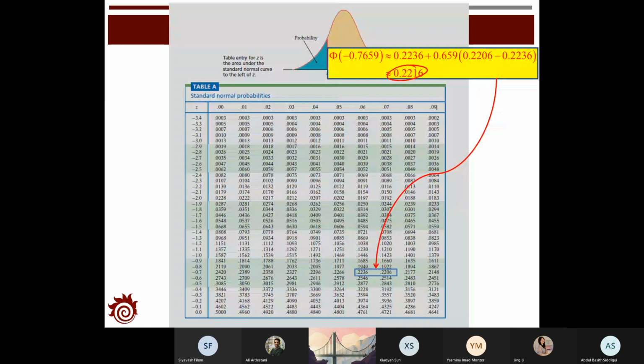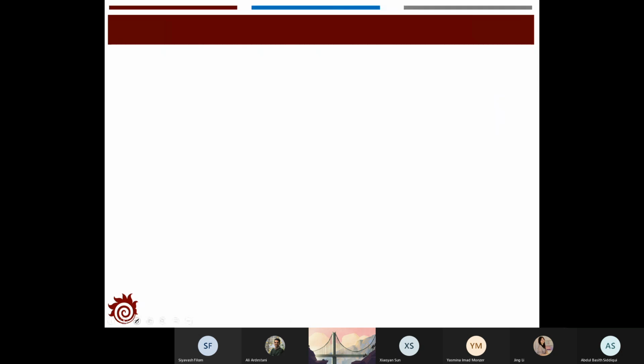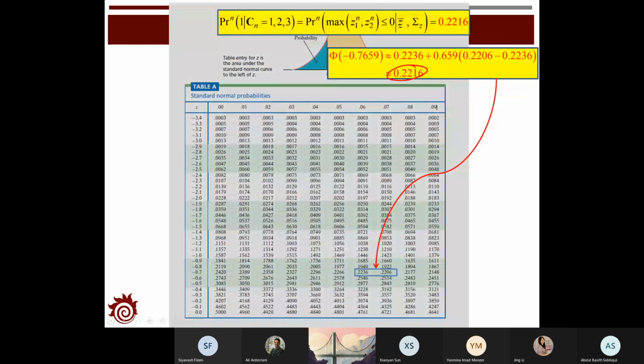That would be the probability of choosing the alternative one. So that's how we're gonna apply the Clark's approximation to find out the probability of choosing one alternative with three different options.